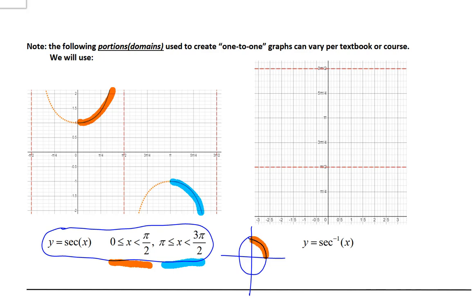And then the second piece we cut, which was from pi to 3 pi over 2, that would be in quadrant 3. So these are kind of like opposing quadrants, and this is just where we're going to clip and use the secant function so that we're using a portion which passes the horizontal line test, which would mean, of course, that it has an inverse that is a function.